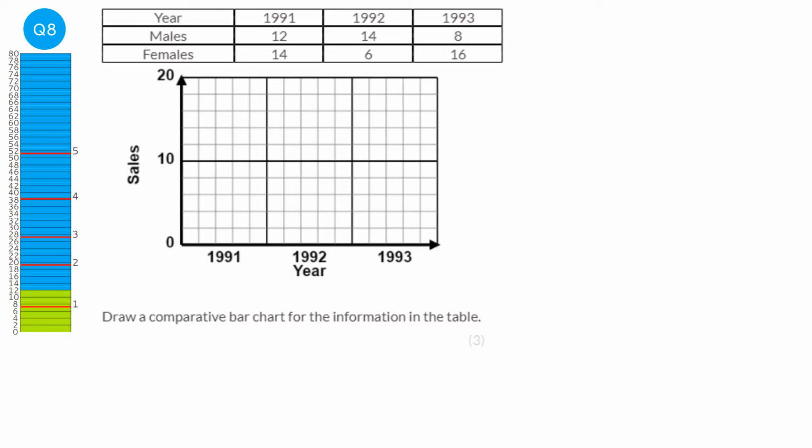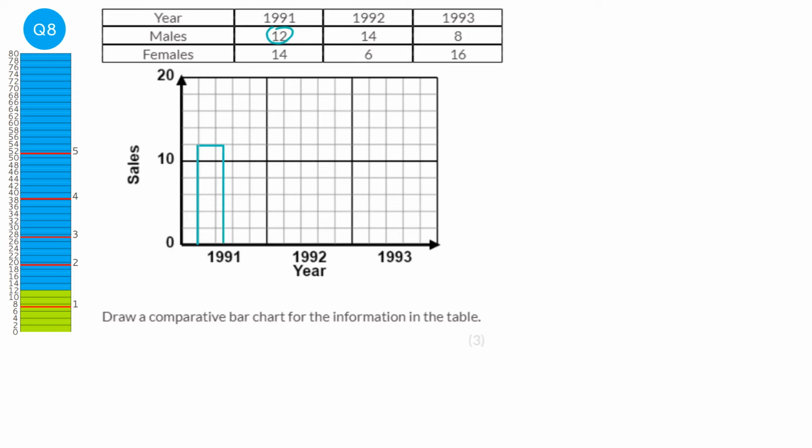A comparative bar chart is where you have 2 bars next to each other meaning different things. So it's probably easier just to start drawing it, and then we can talk about it as we go along. So we've got males here at 12, and so what we want to do is a bar that is 12 high, and these are going up in 2s, so it will be up here. There we go.